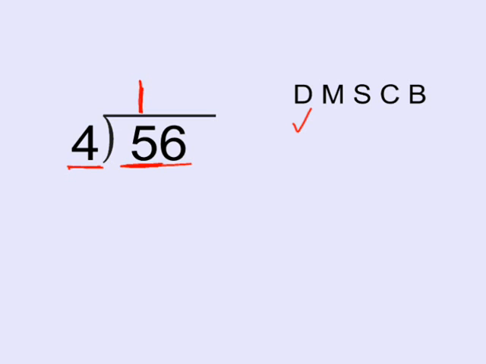Then I have to multiply. 1 times 4. I'm going to multiply by my divisor. 1 times 4 is 4. It goes right under the 5. Then I have to subtract. I'm only going to subtract 5 minus 4 because remember, I'm pretending like the 6 is not even there. So 5 minus 4 is 1. Now I have to check.